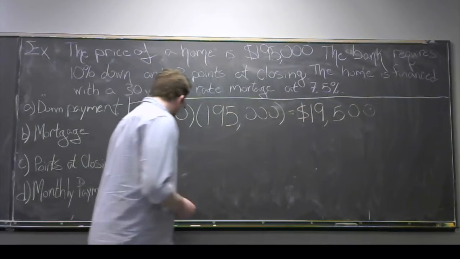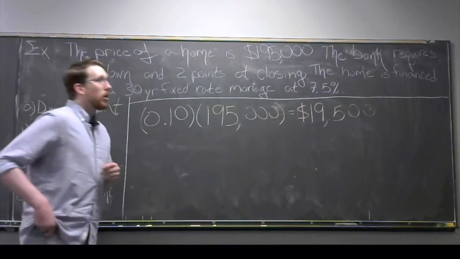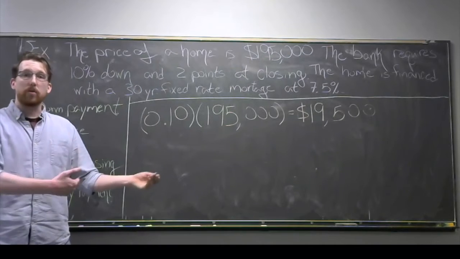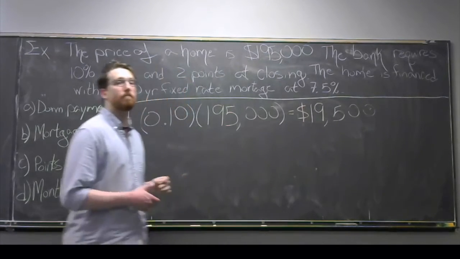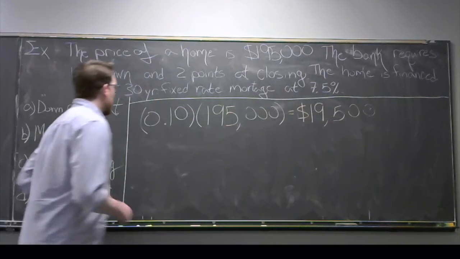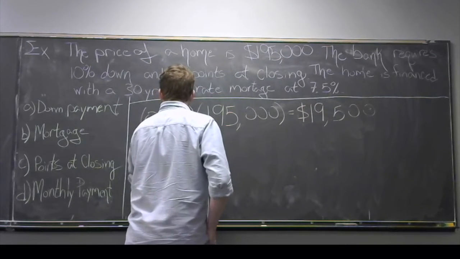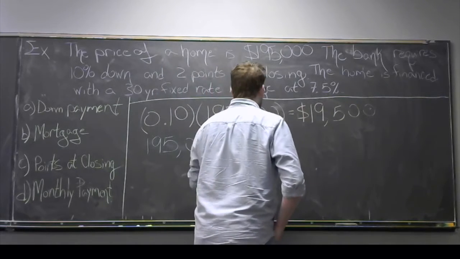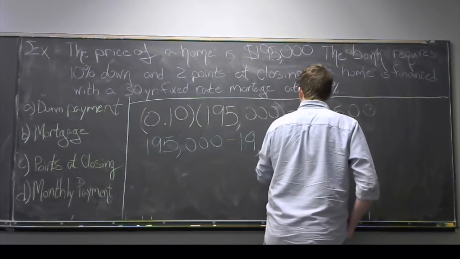Now, for part B, we want to find out what the mortgage is. Well, the mortgage is what's going to be left over after we pay this. So we're going to take 195,000 and subtract 19,500 from that.